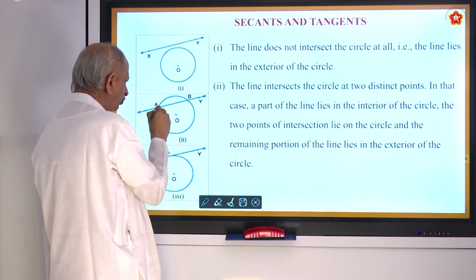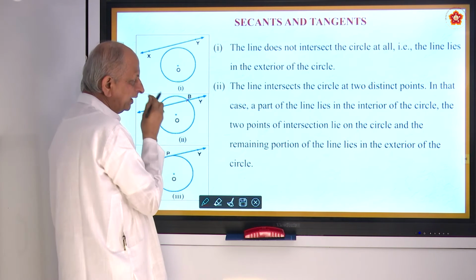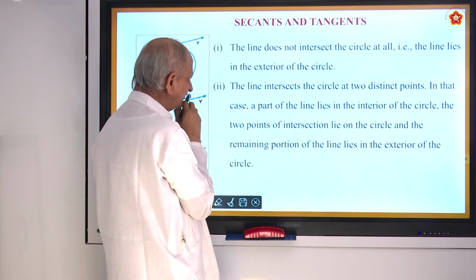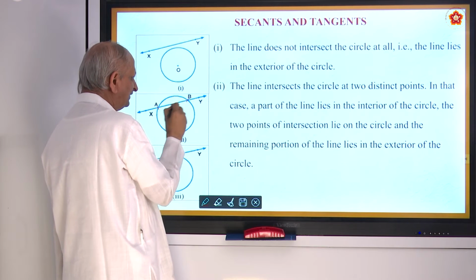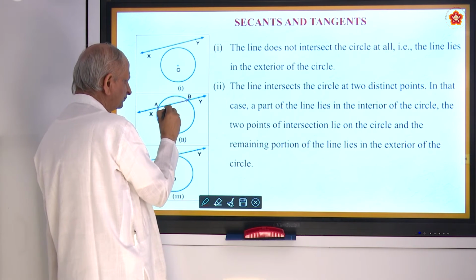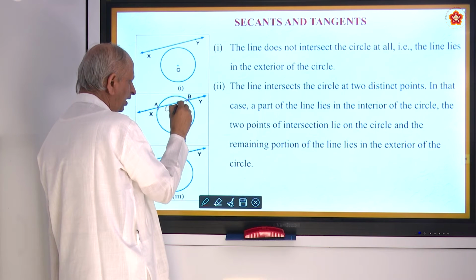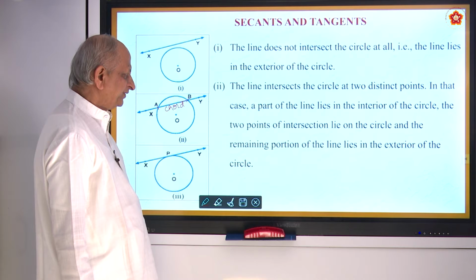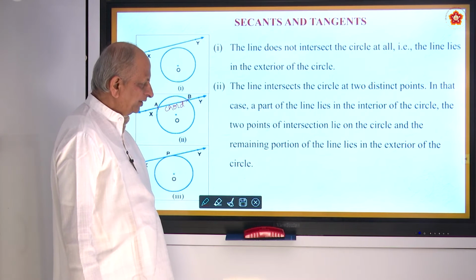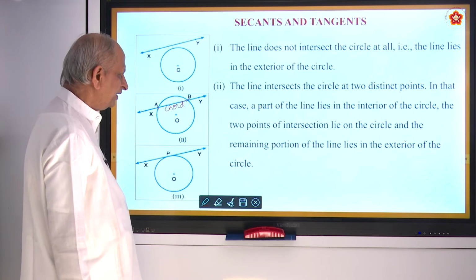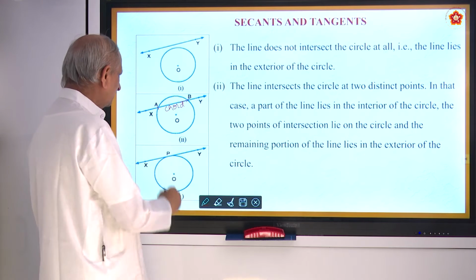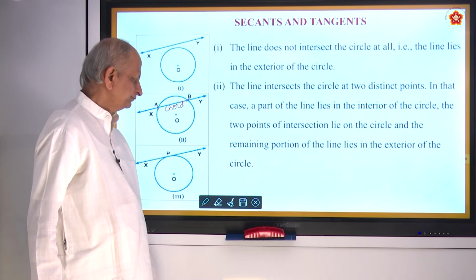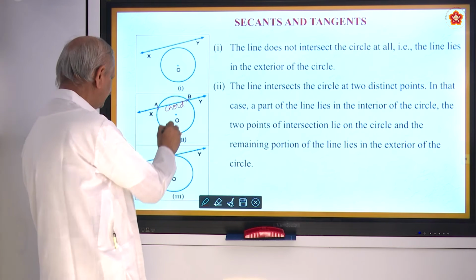See, it touches here at 2 points, namely A and B. In that case, a part of the line lies in the interior of the circle. So this lies inside. What do you call it? We call it a chord. The 2 points of intersection lie on the circle, and the remaining portion lies in the exterior of the circle. So this portion comes out of the circle. So this is the second case.